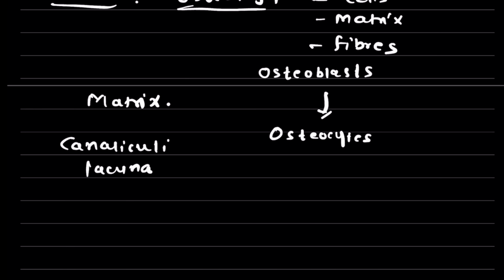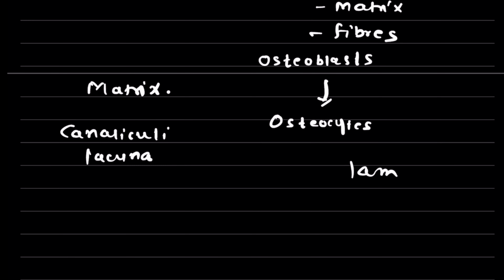Matrix is a hard and non-pliable ground substance. Matrix is arranged in lamellae. Fibers are made up of collagen in nature. It is the periosteum and they are referred to as Sharpey's fibers.